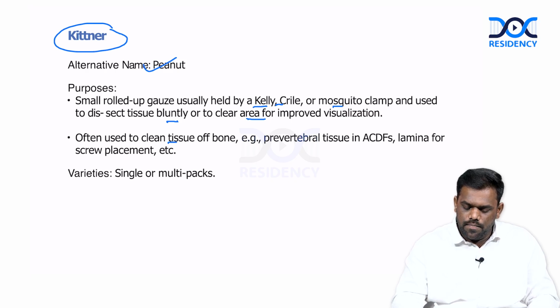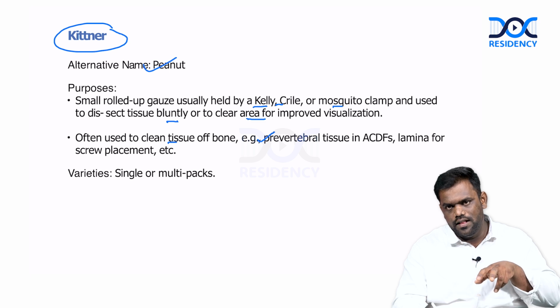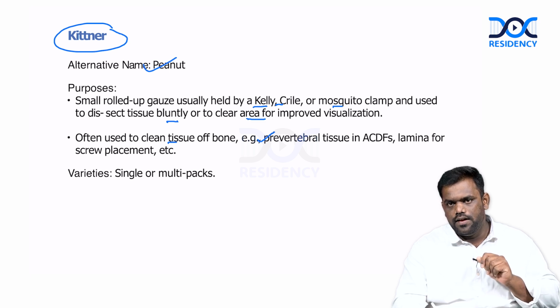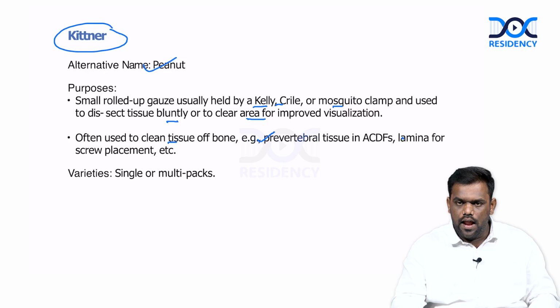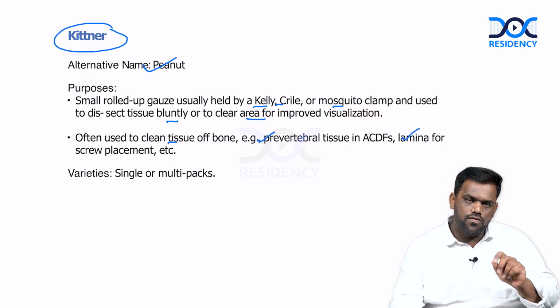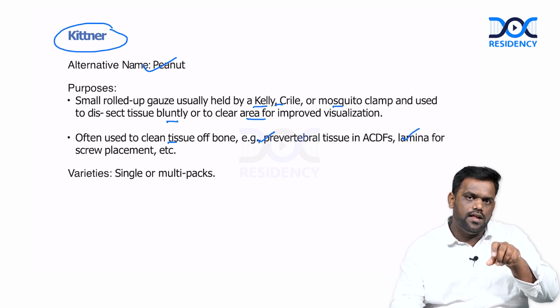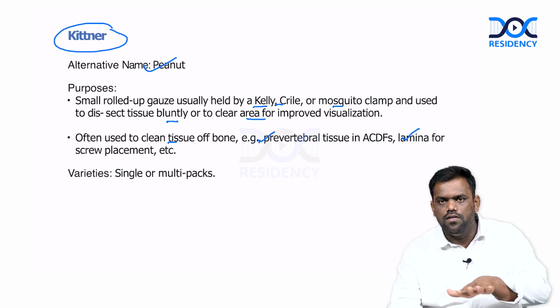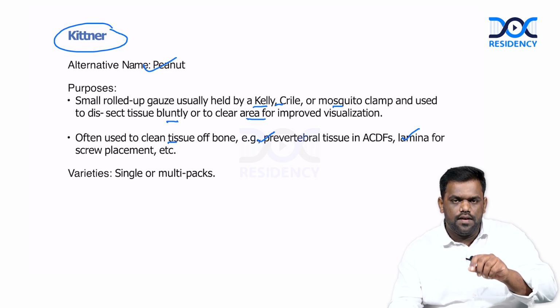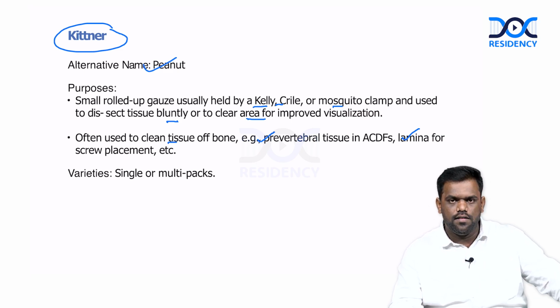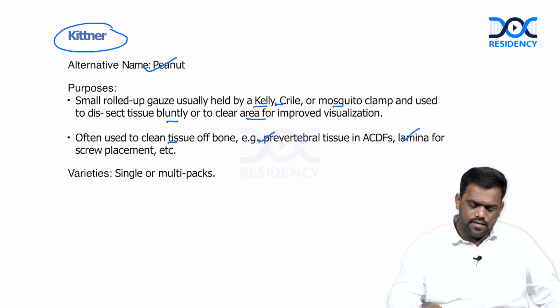For example, when you are dissecting the prevertebral tissues in an ACDF procedure, anterior cervical decompression and fusion, or when you are going to put a screw in the lamina, we have to clear the superficial tissues adherent to the lamina using this peanut. It is available in single or multiple packs. This is your peanut or Kitner.